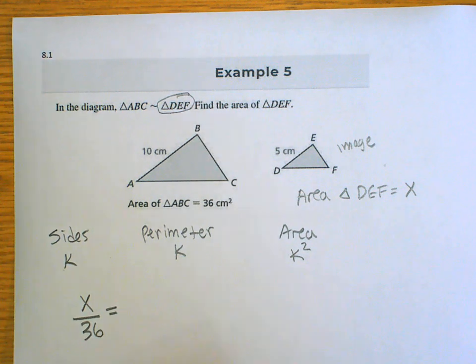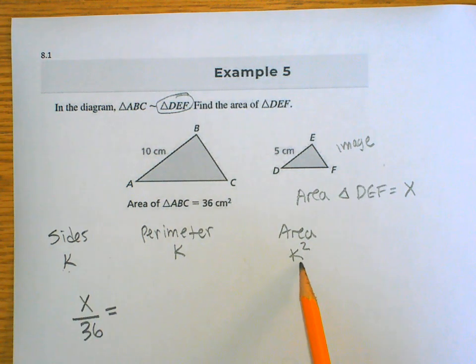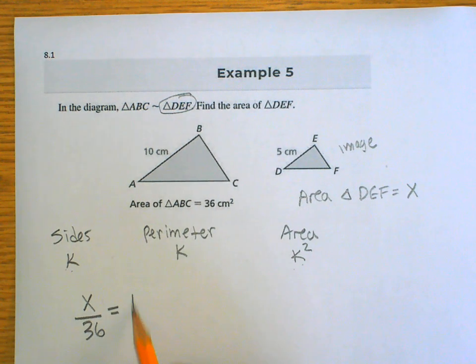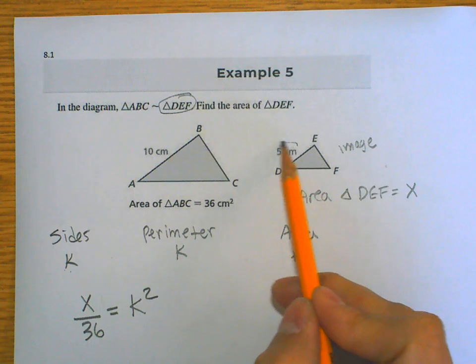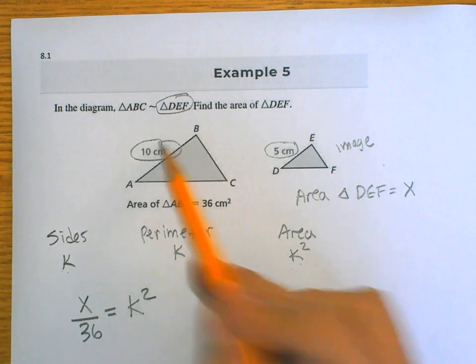Now on the side here, let's find out what the scale factor would be for the side, because what we just found out was this right here. This is technically the scale factor of the area. So let's find out what the scale factor of the sides is. It's very simple, 5 to 10.